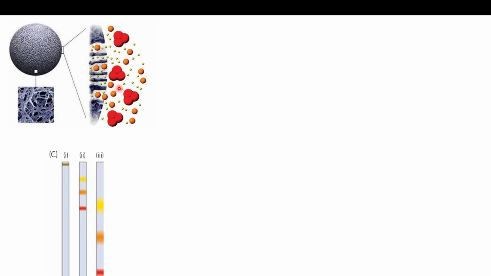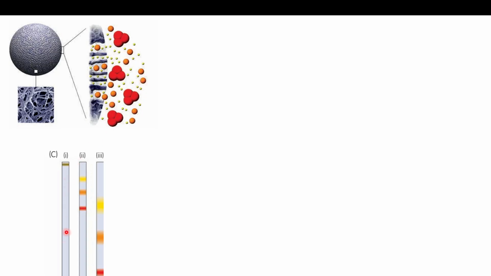So, if this is the matrix, this is the mixture of molecules that we wish to separate. What is happening here is, you see, there are three different sizes of particles inside this whole mixture, right? The red ones, the yellow ones, which are the smallest, and these orangish ones, which are somewhere in the middle, having intermediate size.